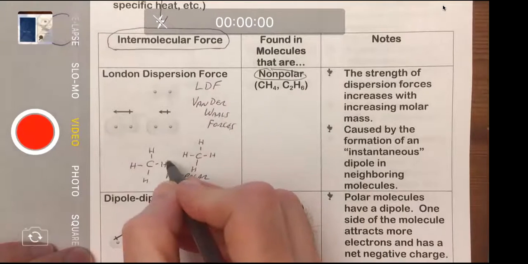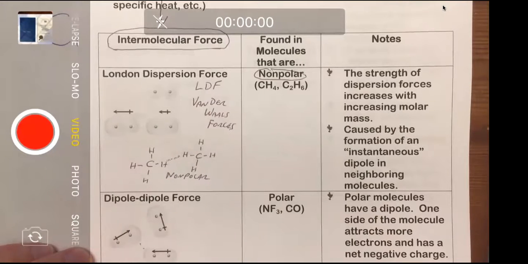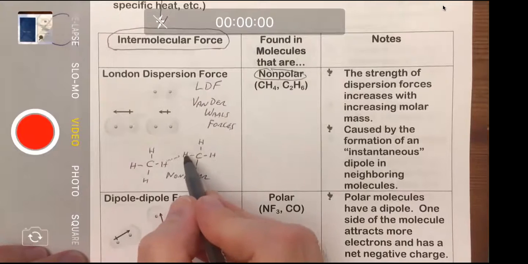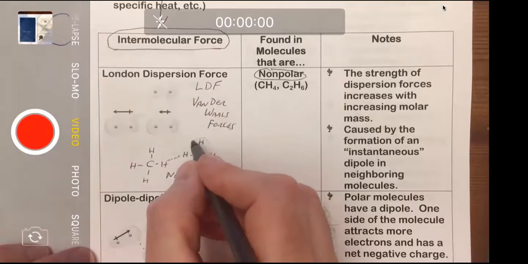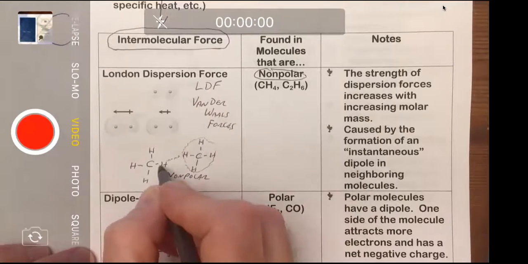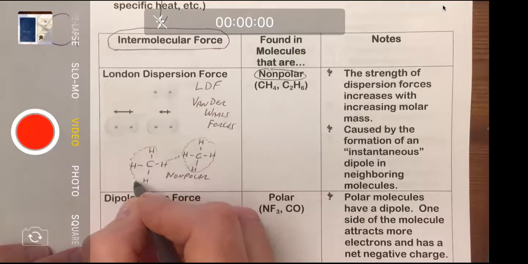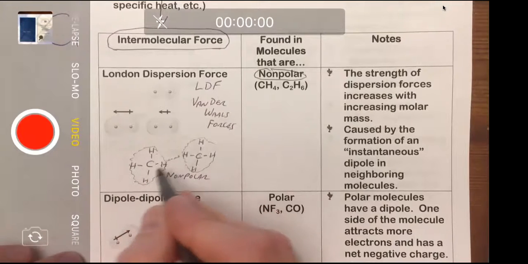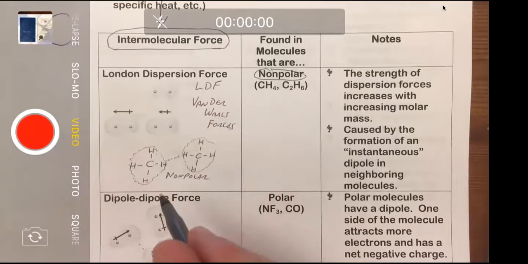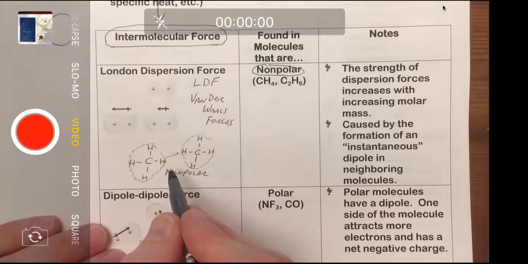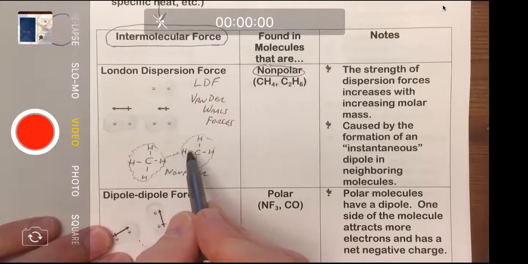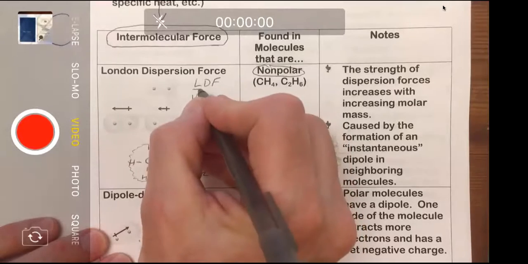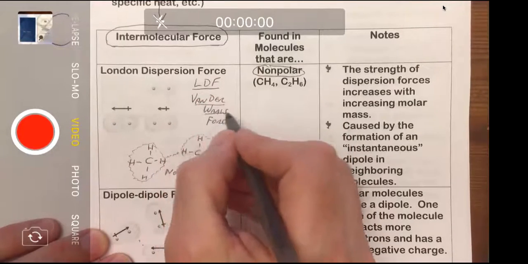Now, these hydrogens are not going to have much of an attraction for each other, right? The hydrogens on this guy are very much attracted to the carbon. That's why it's its own kind of little molecule here. And these 4 hydrogens, they like their carbon, all right? But these 2 molecules, there's really not much of an attraction between them, but there is a slight attraction. And that slight attraction is represented by this little dashed line. And that slight attraction is caused by what we refer to as London dispersion forces or van der Waals forces.